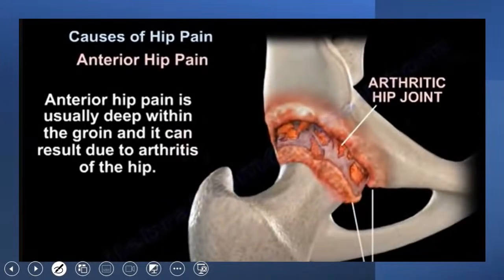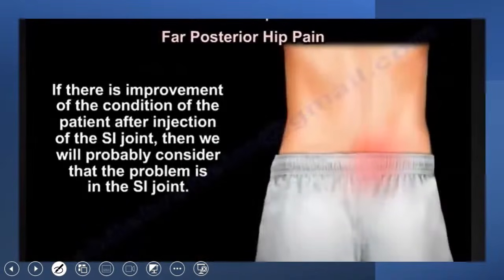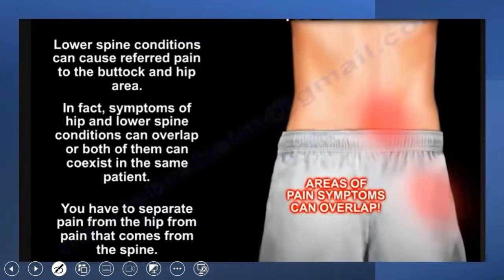But if you have an anterior hip pain deep in the groin, it's probably arthritis. If you give the patient an injection in the SI joint and the SI joint is better, then it's probably an SI joint problem.